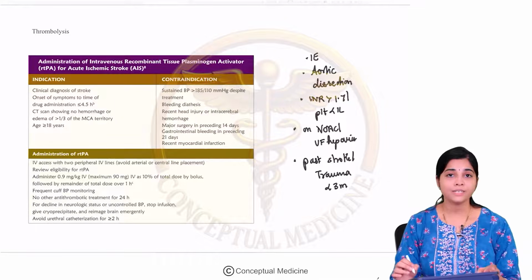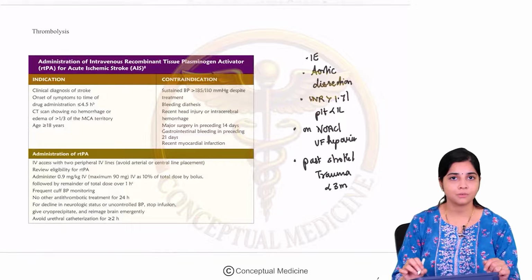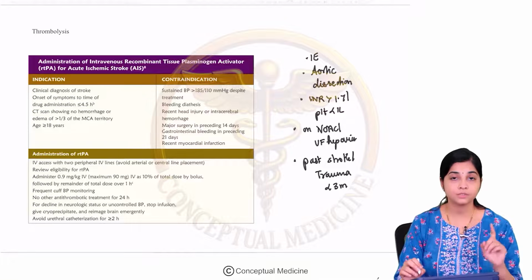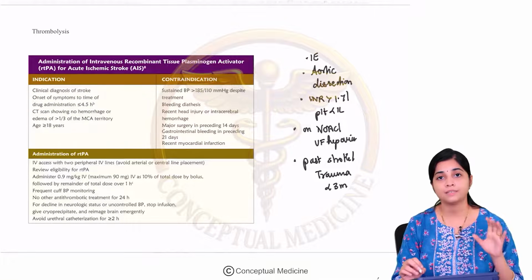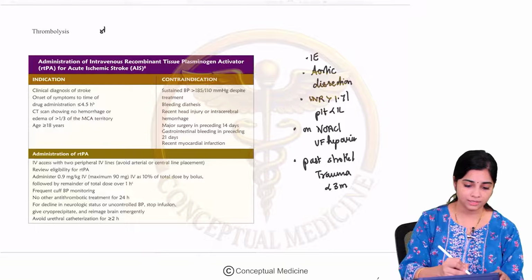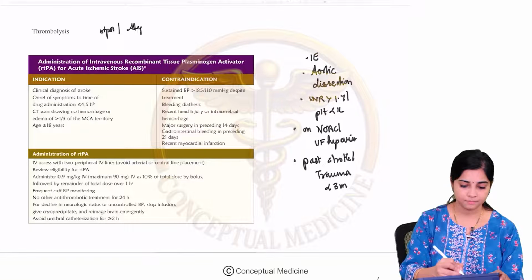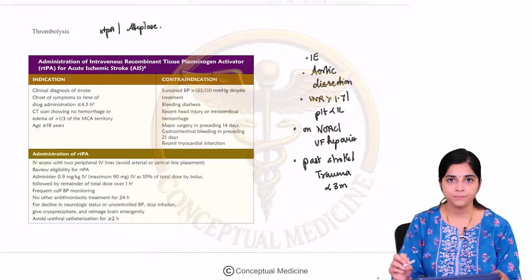So what are the drugs used for thrombolysis? The most commonly used and recommended drug is rtPA, which is alteplase.